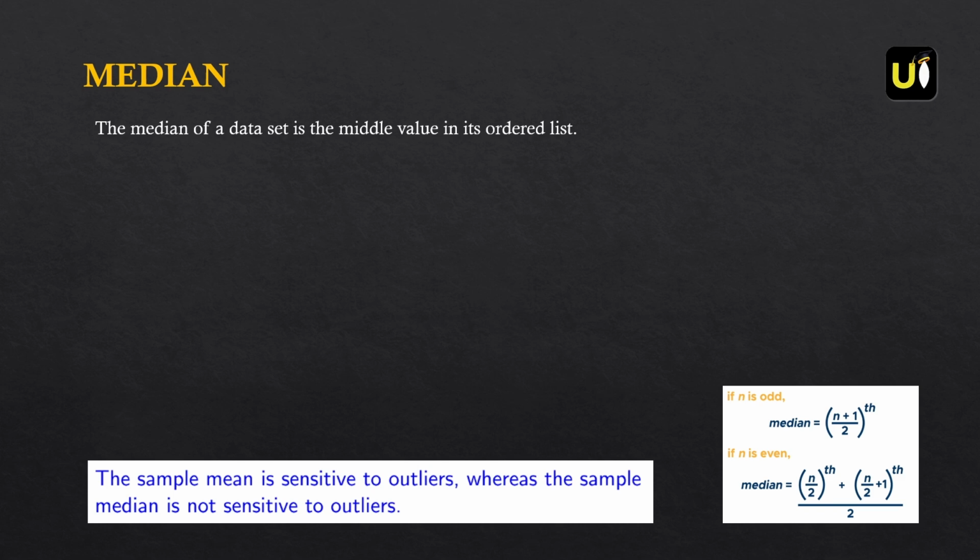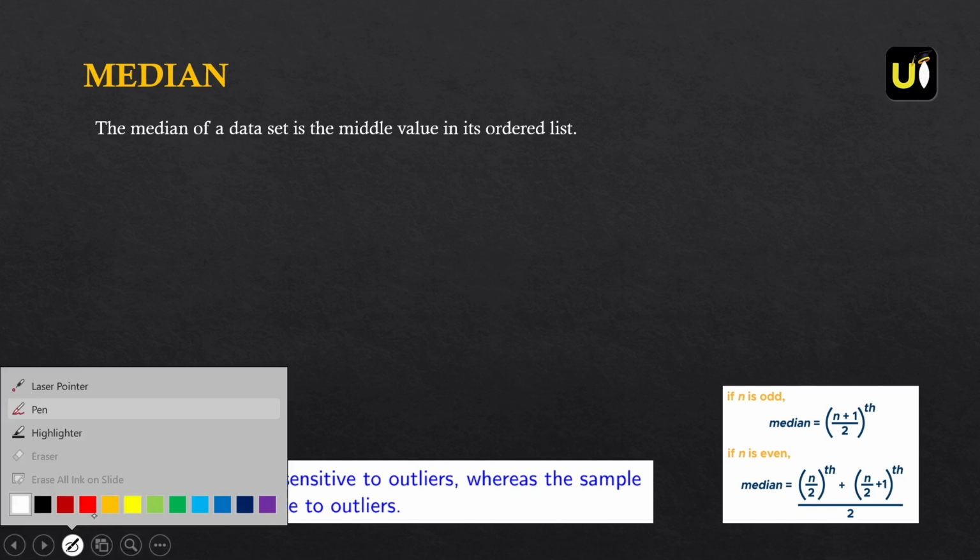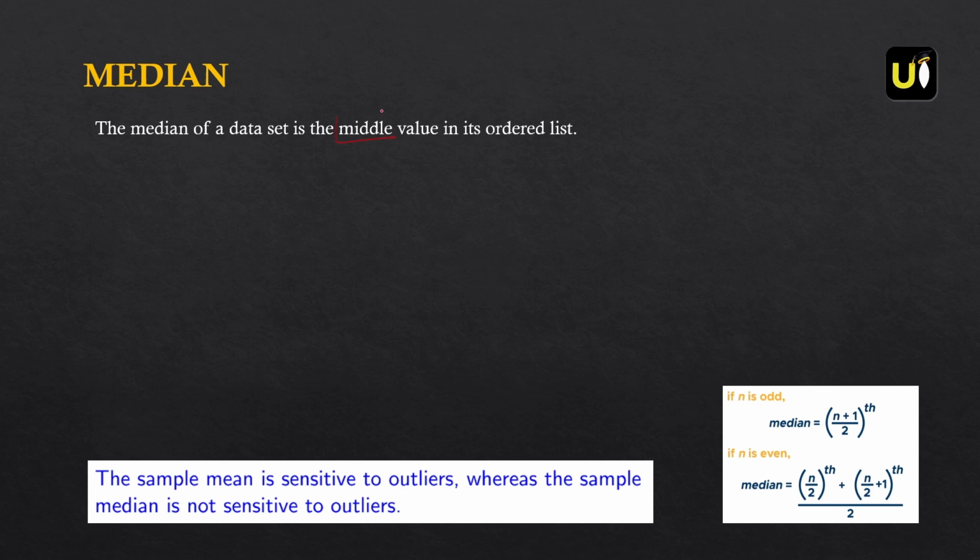All right, so now we have the median. The median of the data set is the middle value in the ordered list. So here we have two cases. The median has two cases, that is odd and even.